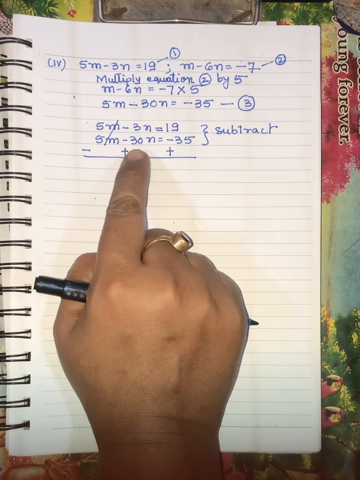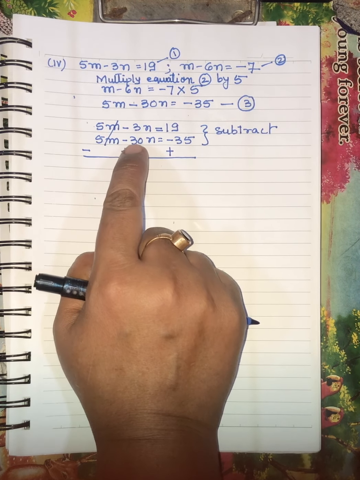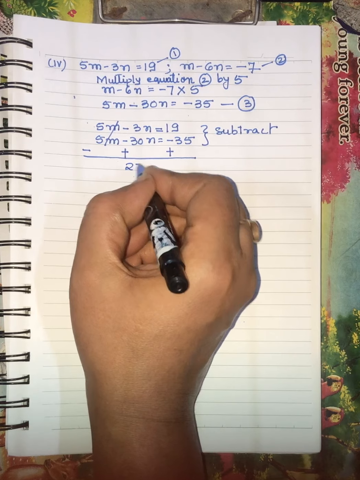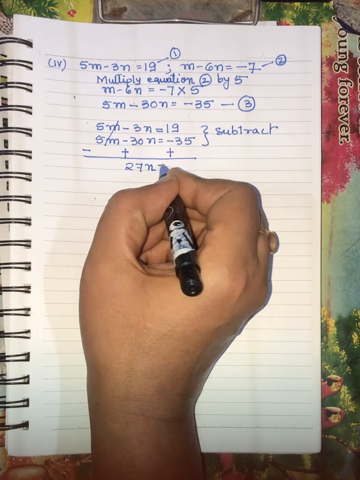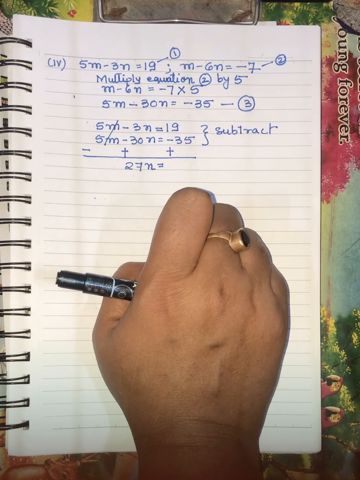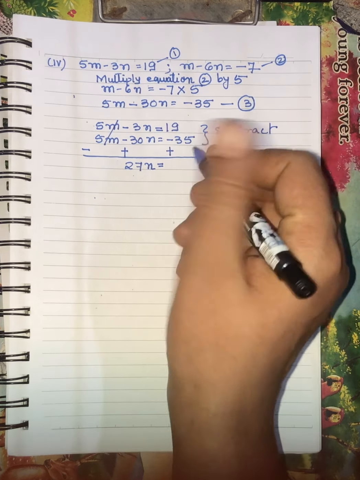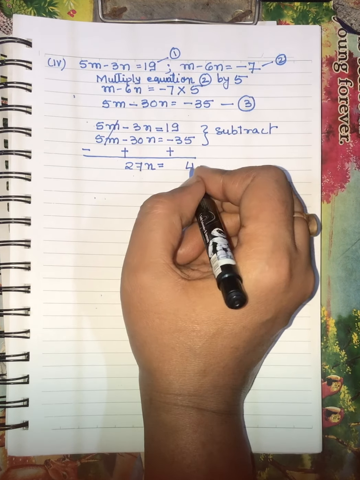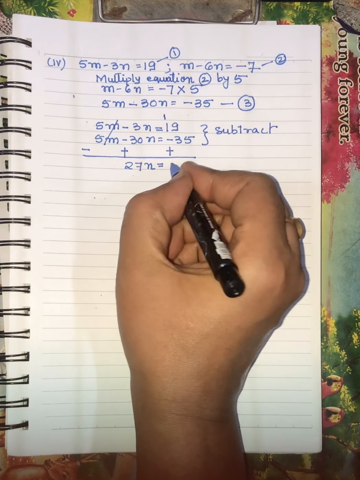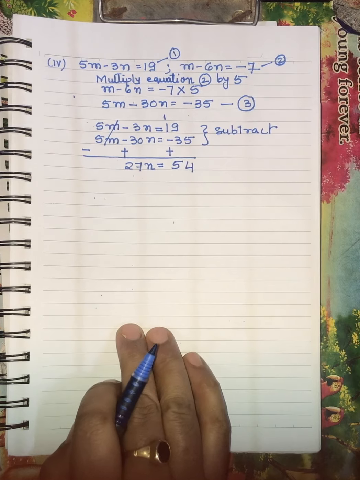Now minus 3 plus 30, the negative 30 became positive 30. Minus 3 plus 30 gives you plus 27n is equal to plus 19 and plus 35, it is children. So 9 plus 5, 14, and 1 over here, 3, 4 and 5, 54 it is, positive 54.